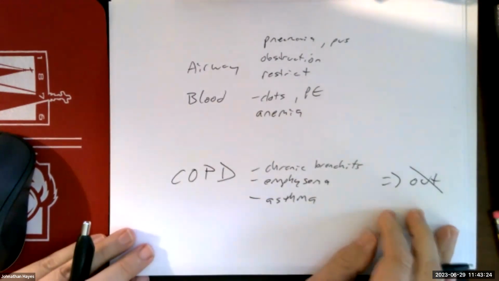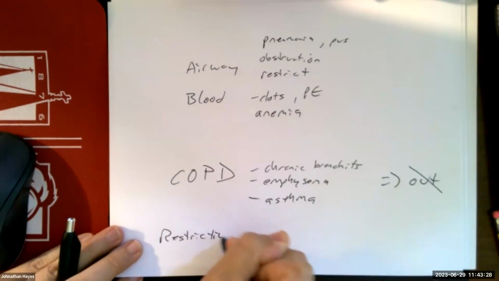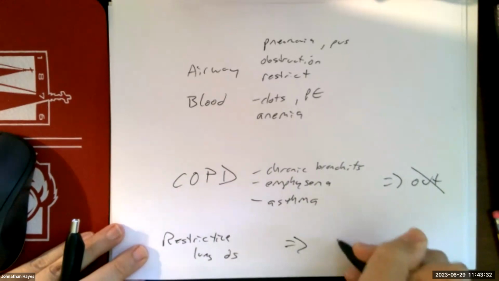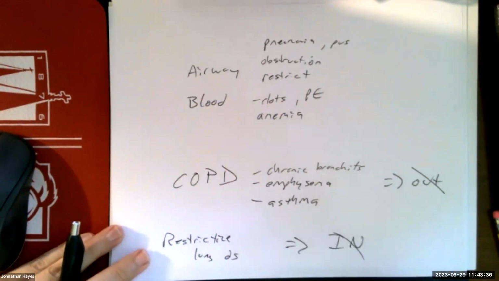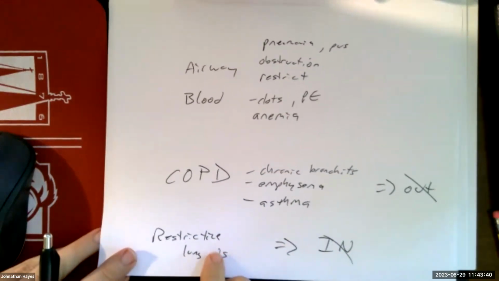Can't get out. With restrictive lung diseases, the problem is getting the air in. So we can't get the air in. So maybe the lung itself has become too hard.